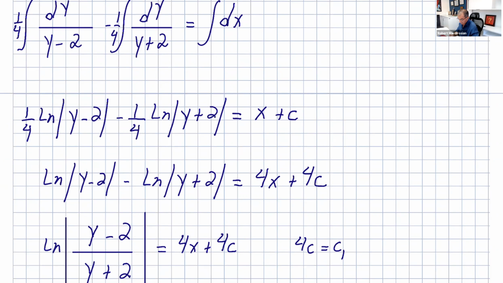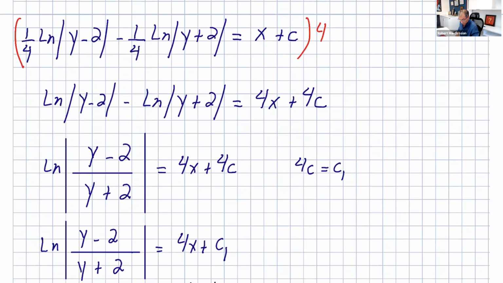And let me write that. So if we do that, we get ln y minus 2 minus ln y plus 2 equals 4x plus 4c. So ln absolute value of y minus 2 over y plus 2 equals 4x plus 4c, which can be a good answer.